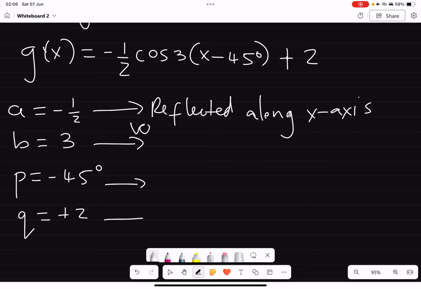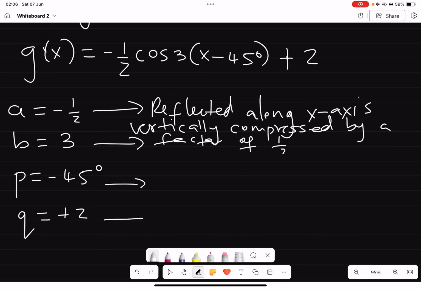So we vertically, remember A is vertical, vertically compressed by a factor of half. Okay, I'm going to remove B there, ladies and gents.